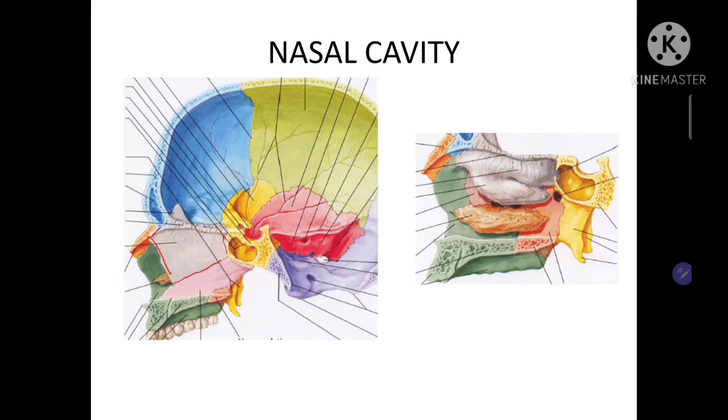The perpendicular plate is the most important element of the middle wall here, and it's going to articulate anterosuperiorly with which element? Here, with the posterior crest, the spine of the frontal bone.